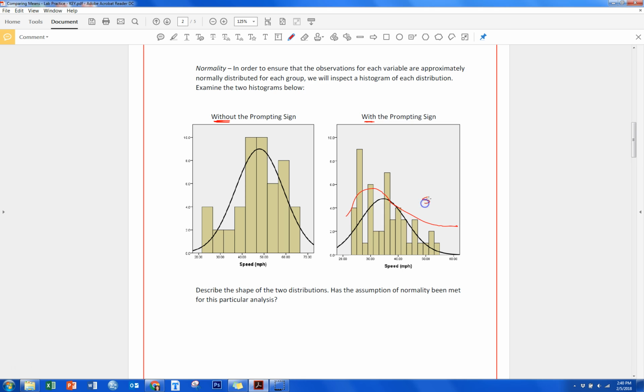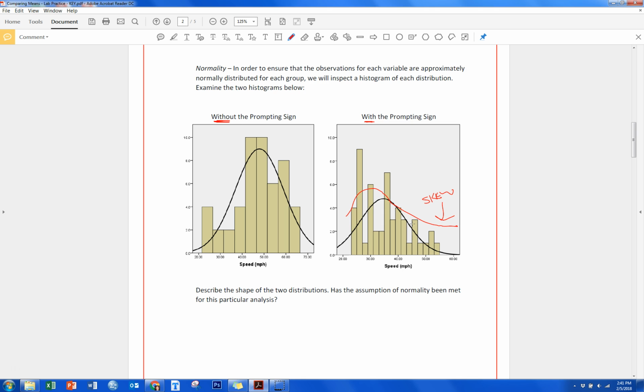And the skew refers to the tail. So this would be a slight positive skew, or you could say it's skewed right. So remember, the skew refers to the tail. It spreads out a little bit this way. So there is a little bit of a positive skew, but we're looking for very egregious violations.